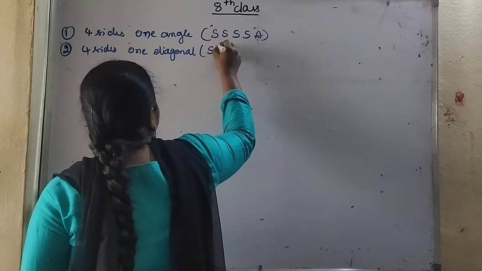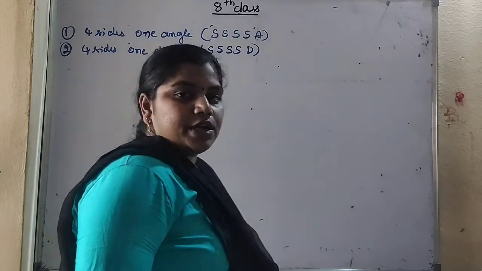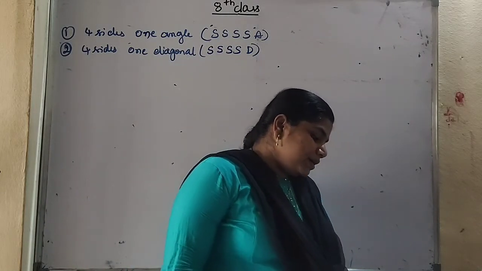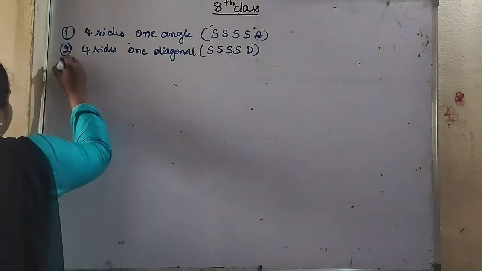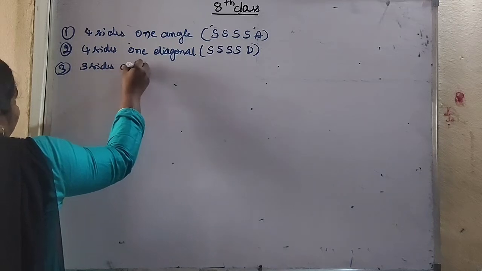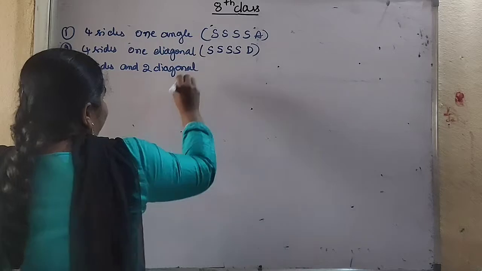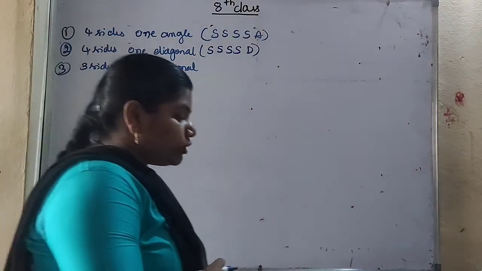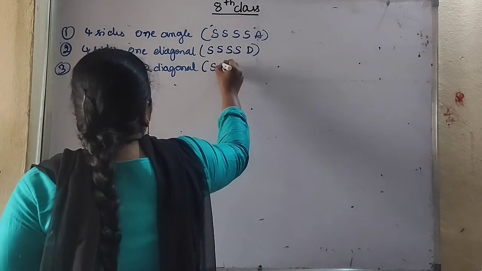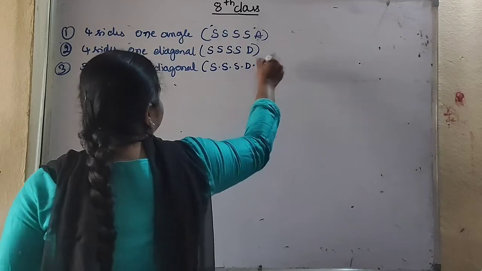Four sides means S, S, S, S, and diagonal is nothing but D. Next, the third one: when three sides and two diagonals are given, then also we can construct a quadrilateral. That will be S, S, S, D, D.